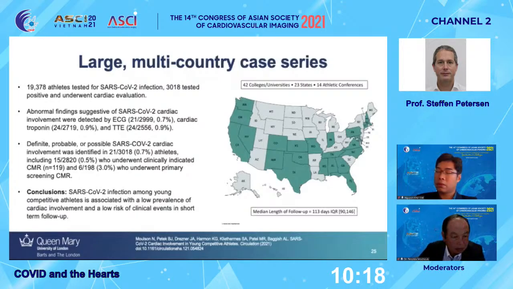Definite, probable, or possible SARS-CoV-2 cardiac involvement was identified in 0.7% of the athletes, including 0.5% who underwent clinically indicated CMR scans. The authors conclude that SARS coronavirus 2 infection among young competitive athletes was associated with a low prevalence of cardiac involvement and a low risk of clinical events in short-term follow-up of a median of 113 days.